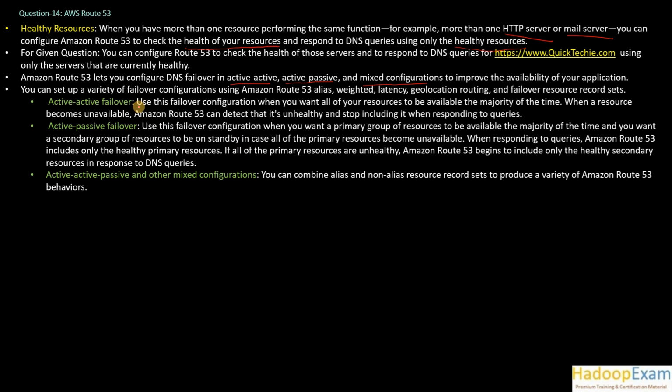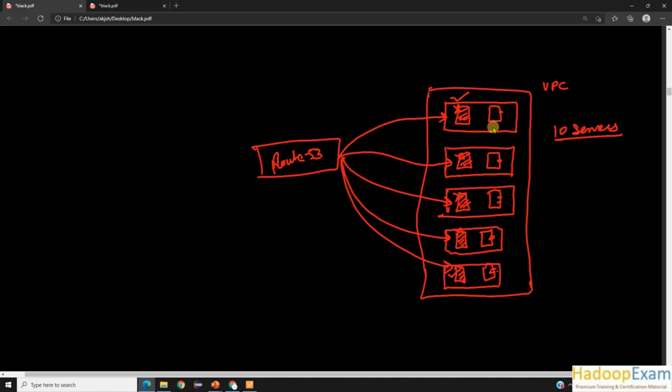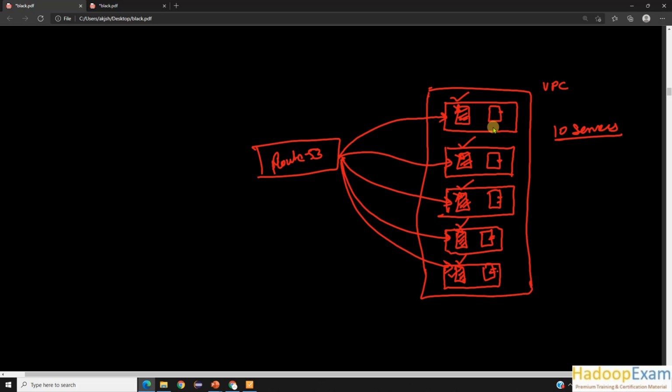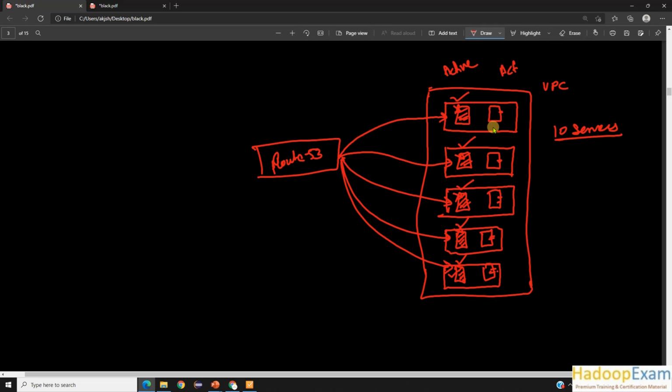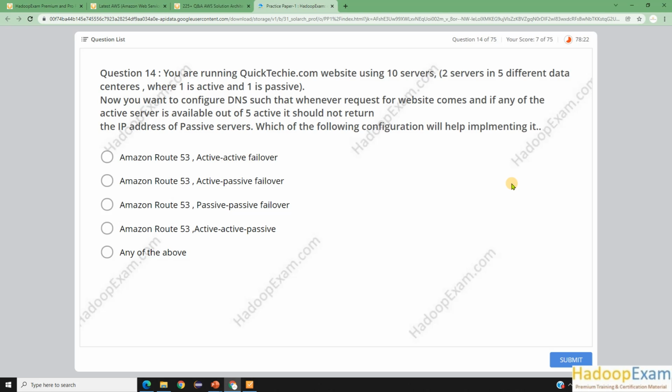With active-active failover, use this configuration when you want all of your resources to be available the majority of the time. If I make all 10 resources active, this would be an active-active configuration, but that is not the case here.